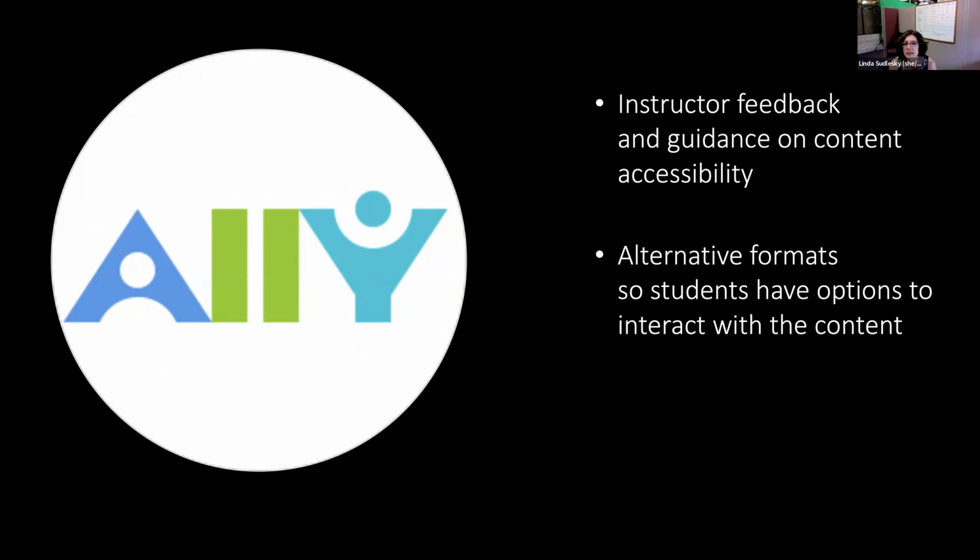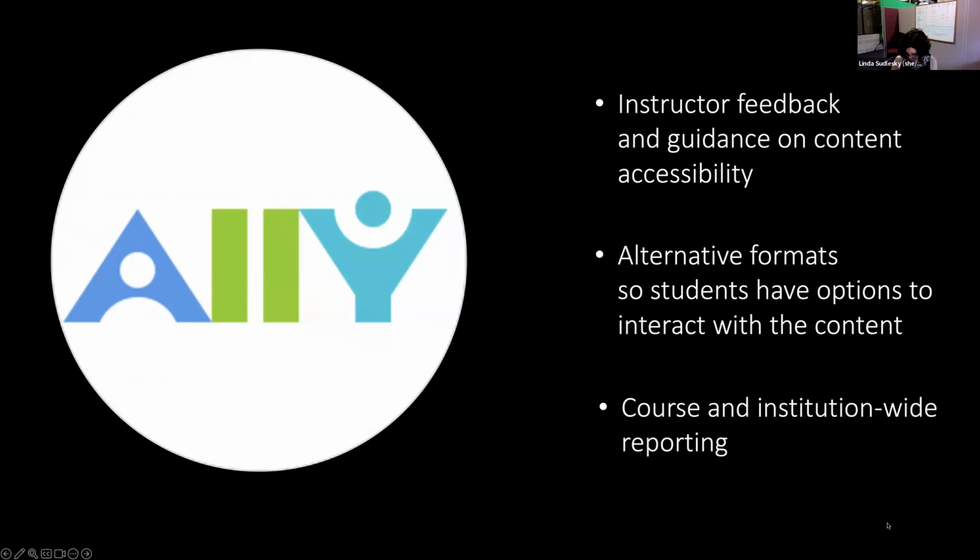So it doesn't protect us from putting in content that's not accessible, because it won't fix it for us. The onus is on us to fix our content and make sure that we're putting in the most accessible piece of content so students can get their alternative formats, and those will be accessible as well.